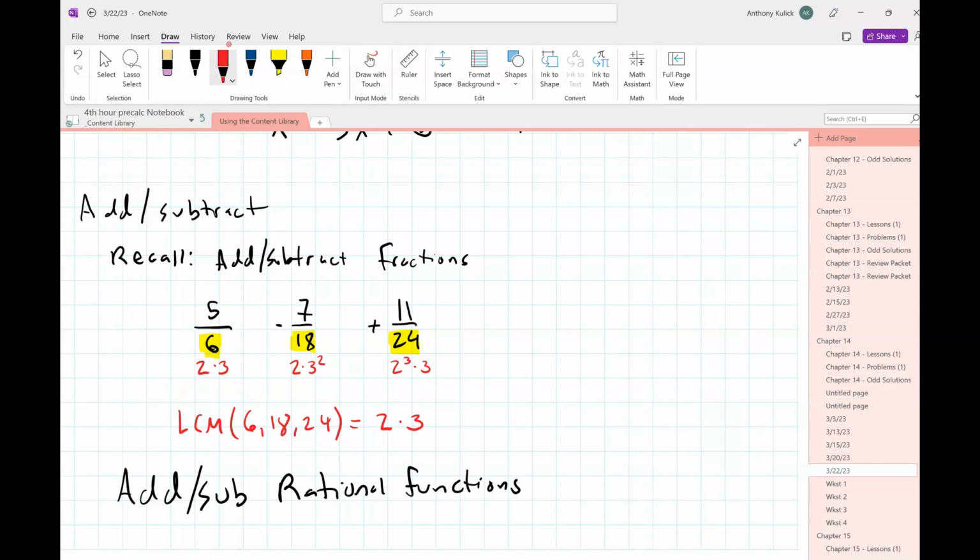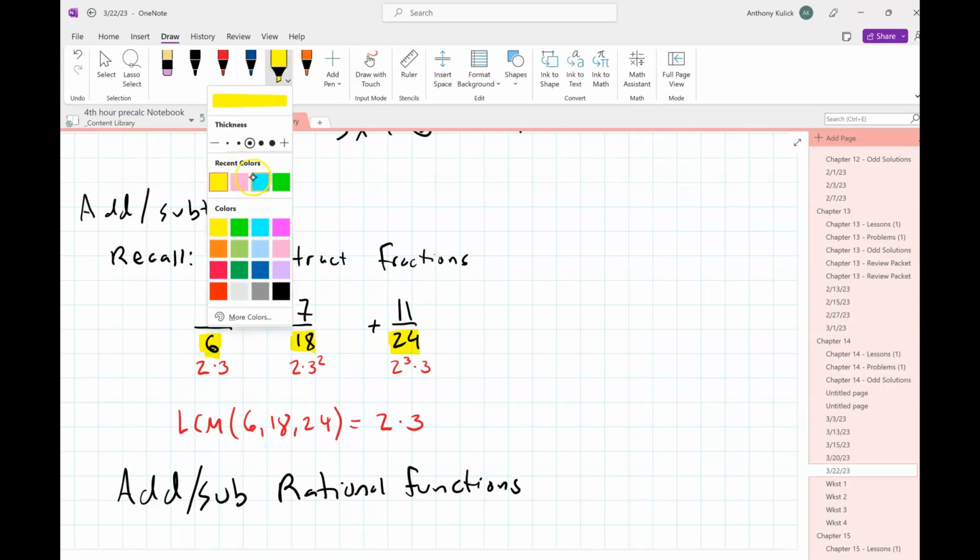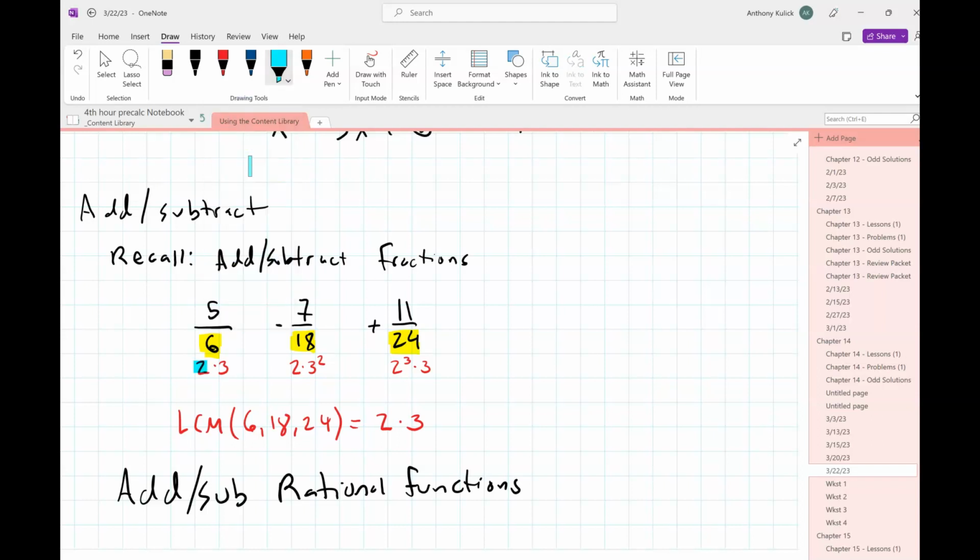Now what I'm going to do is I'm going to look at the powers of 2. So I have a 2 to the first, 2 to the first, and 2 to the third. The power of 2 in my least common multiple needs to be the maximum of the powers in each individual denominator. So the biggest exponent on a 2 is 3.